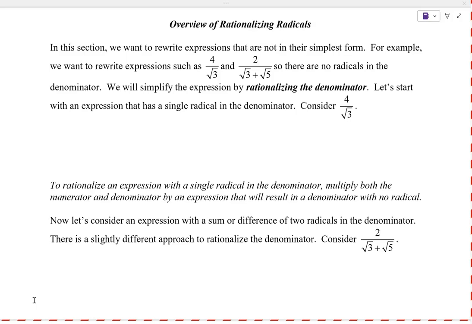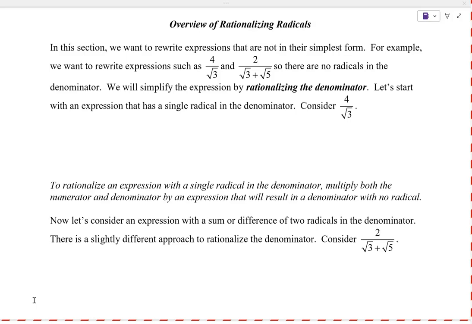I want to make sure that it's the same expression. However, the idea of being able to square it is the right idea, okay? I want to try to multiply square root of 3 times itself. If I multiply square root of 3 times itself, I get square root of 3 squared, which makes the radical go away, right? So that is the right thought process.